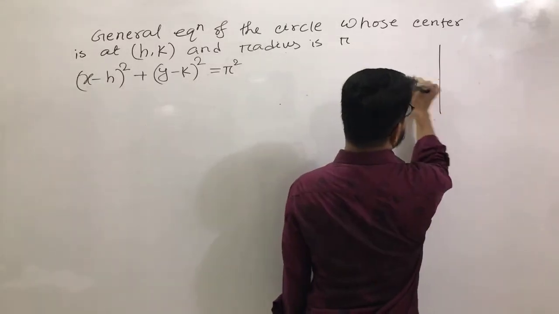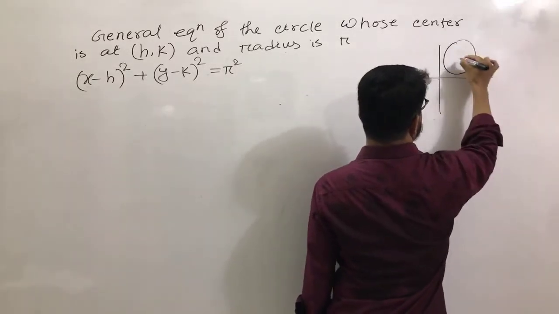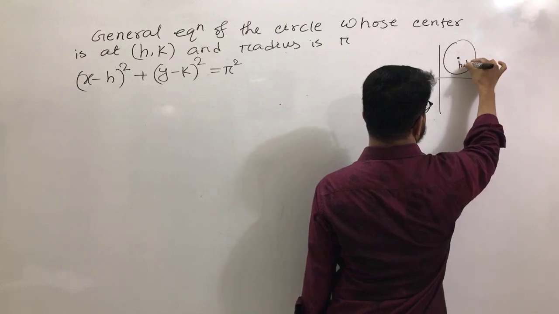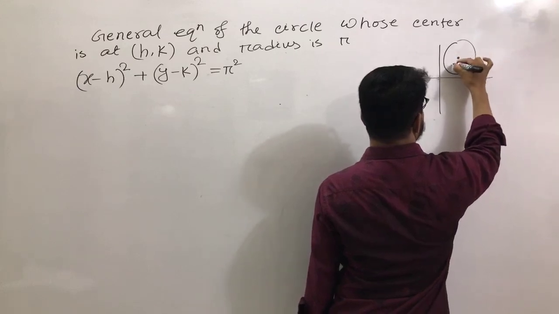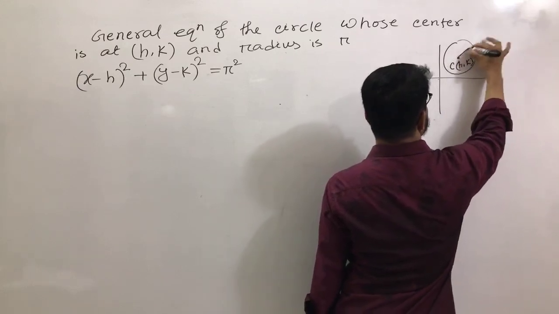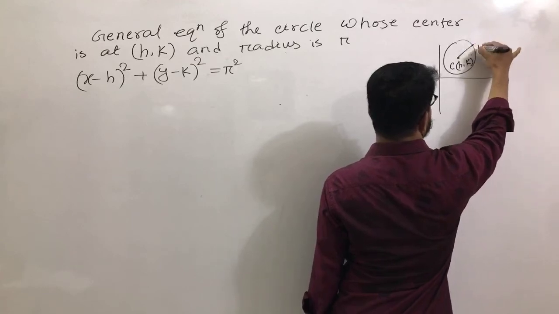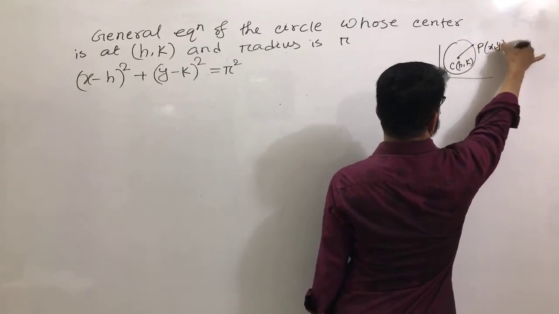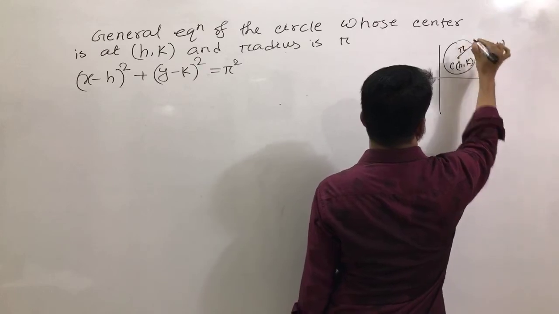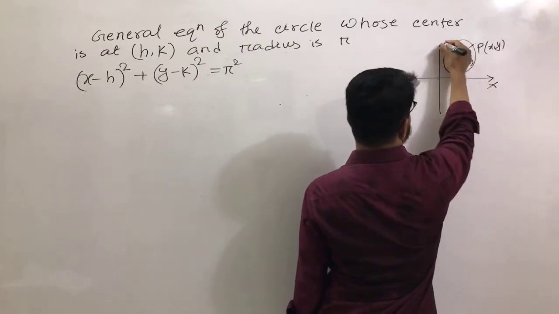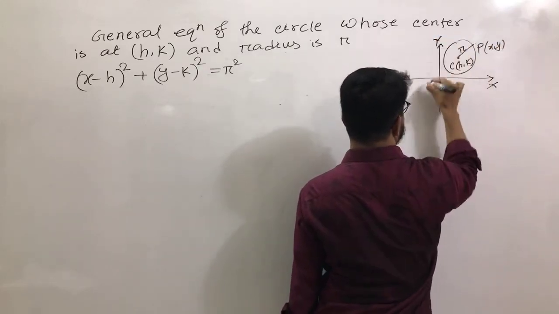Like if we draw the figure here, the center is (h, k), the C point, and P is any point at the circumference, and radius is r. This is x, this one is y, this is 0.